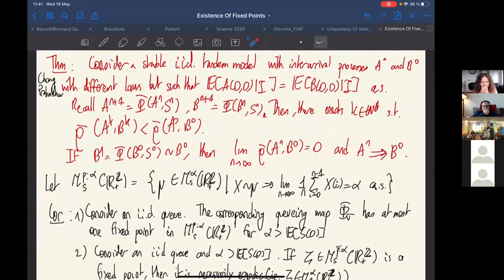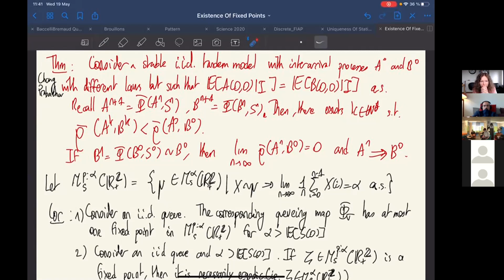Never mind, I actually put it in the next slide. If you consider a stable i.i.d. model of infinite Qs, with interarrival processes A0 and B0 with different laws but the same mean on the invariant sigma algebra, then there exists a value k after which you have a strict inequality.